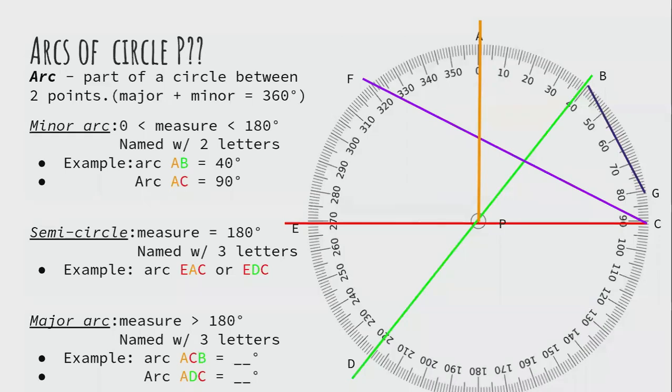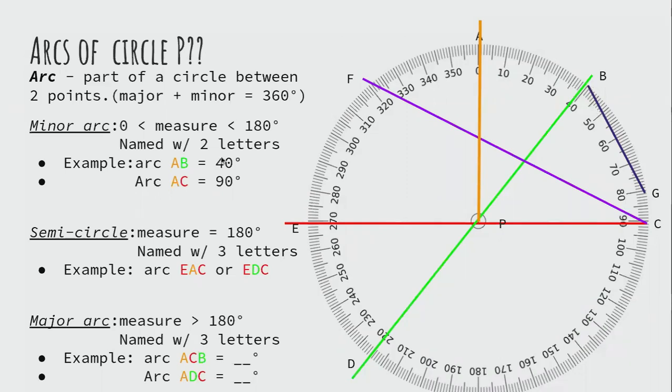Starting at A, going to the left, going past C, and ending at B. So we took all of this, walked past all of that, came around here, and ended at the same place.